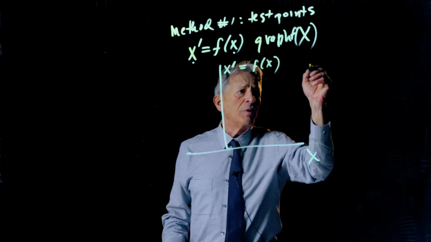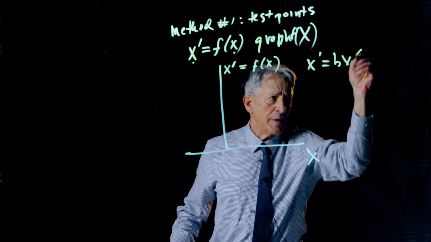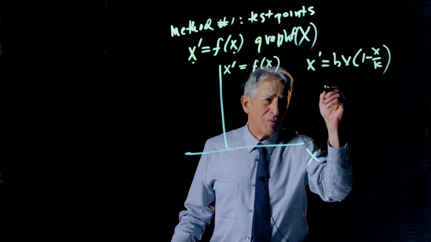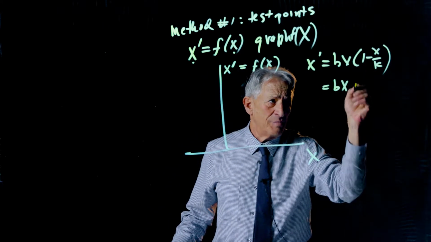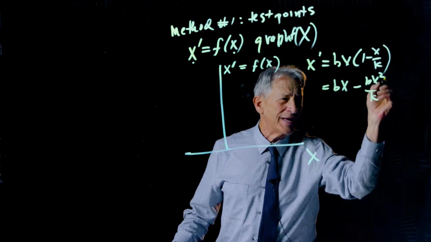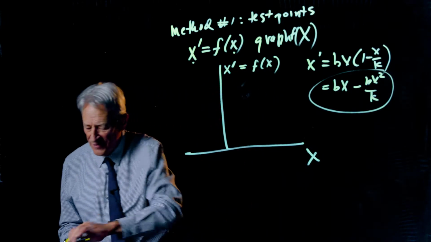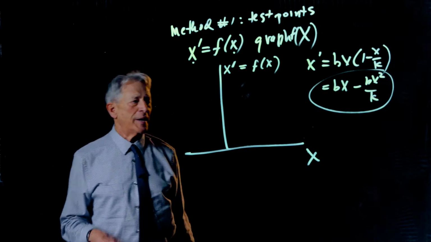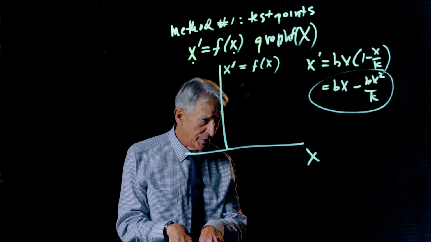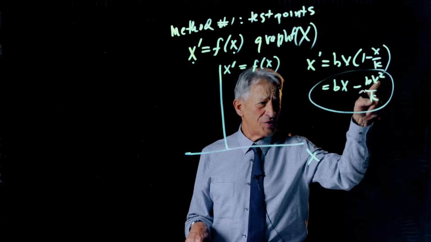So for example, in the logistic case, x prime equals bx times 1 minus x over k, you can multiply that out if it makes it easier. Bx minus bx squared over k. What does this look like as a graph on a graph paper? Well, you can get out your graphing calculators. We see that it's going to be a parabola because of the square.